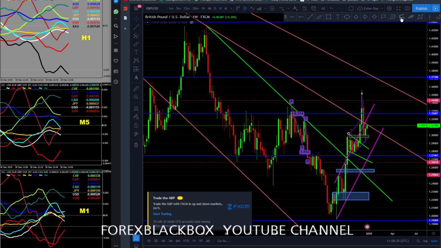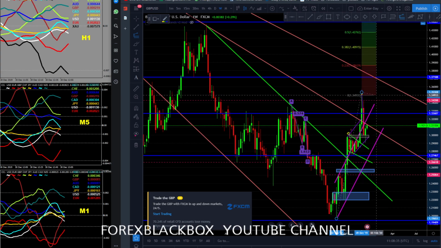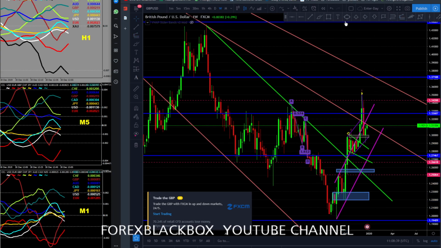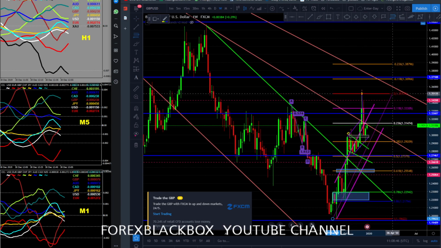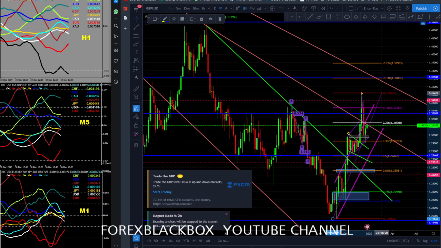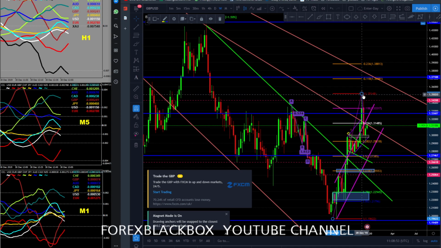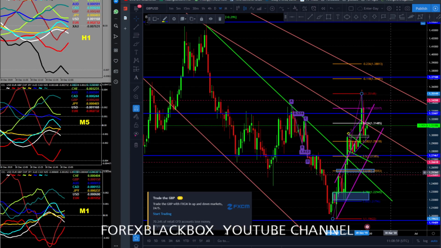Let's get the Fib. Let's see where this Fibonacci is gonna end up. Right there, 127.50, 125.500.